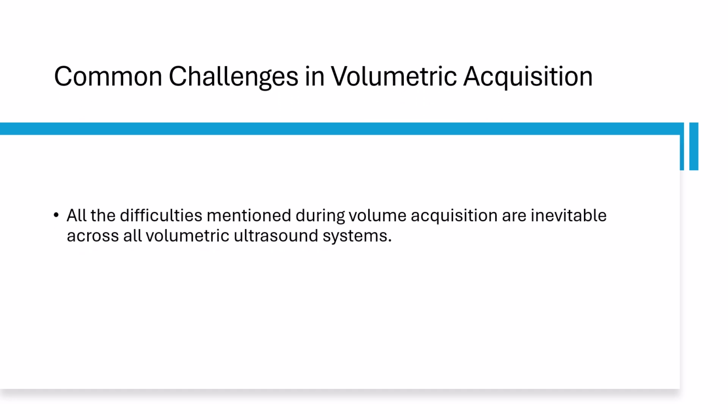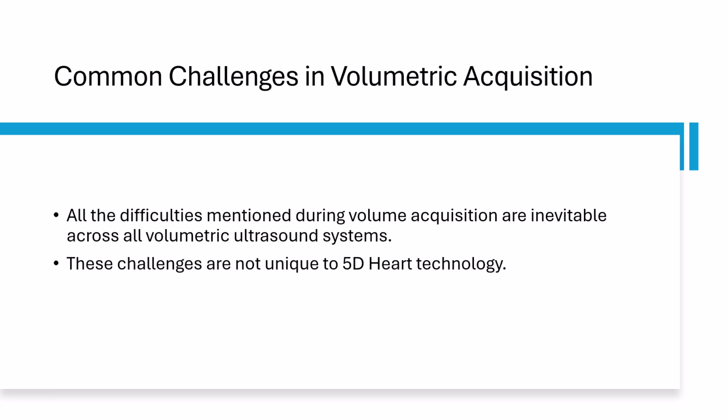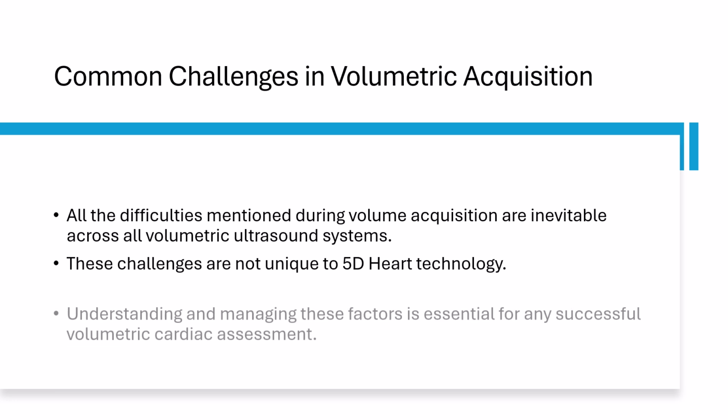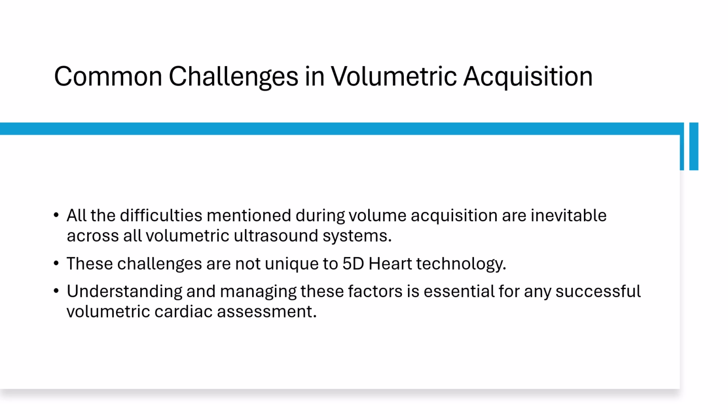All the challenges discussed during volume acquisition are inherent to volumetric ultrasound systems in general. These difficulties are not unique to 5D heart technology. Understanding and effectively managing these factors is crucial for successful volumetric cardiac assessment across any platform.